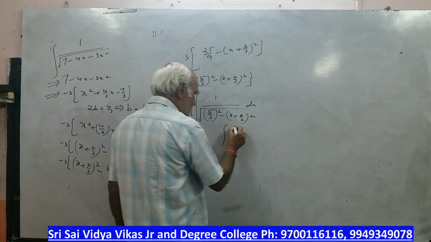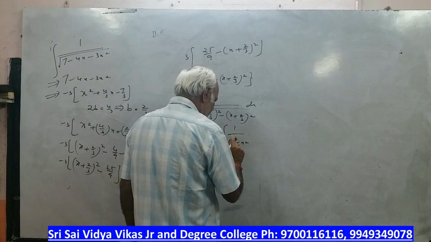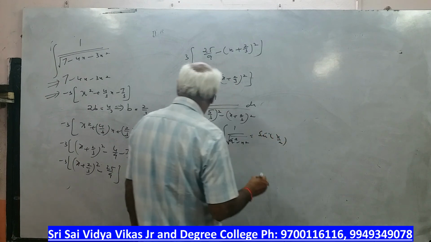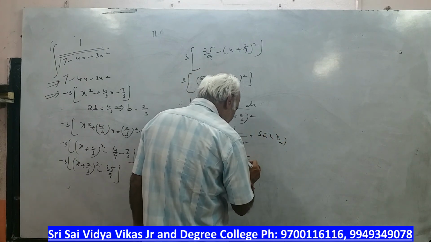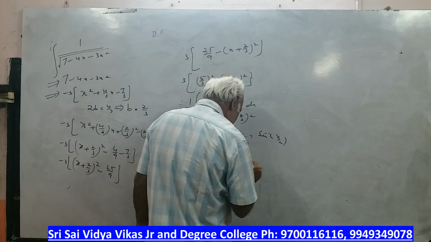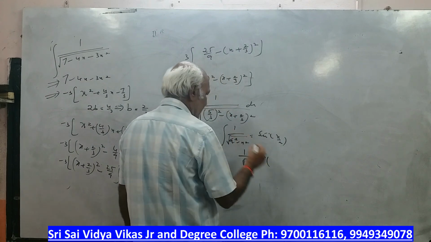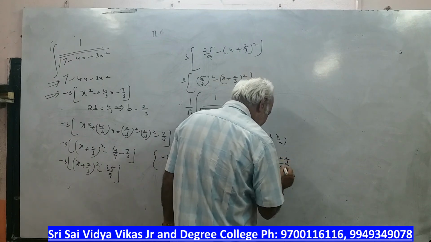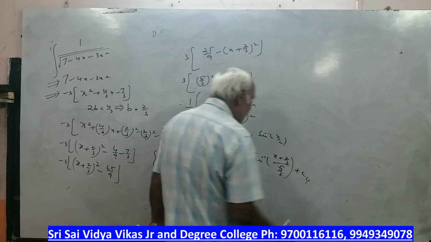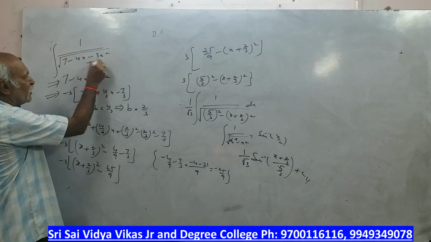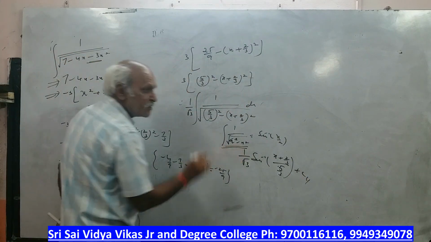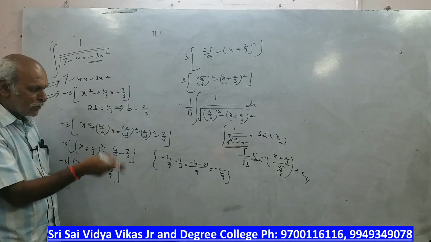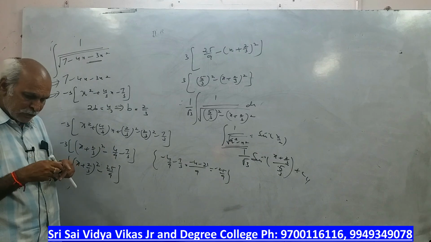What is the formula now? 1/√(a² − x²) is sin⁻¹(x/a). So 1/√3 sin⁻¹[(x + 2/3)/(5/3)] + c. Observe here, again x² has a negative sign, always you get sin⁻¹. I told you, if x² has a negative sign, one formula I told you without square root, here with negative sign. Please note this.